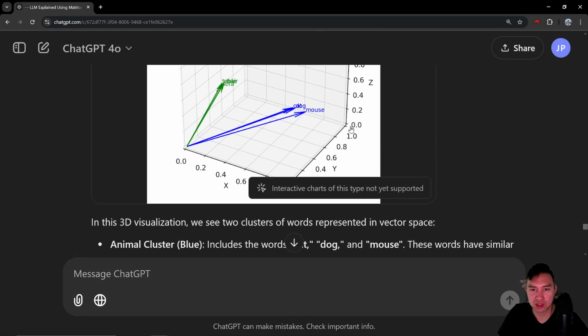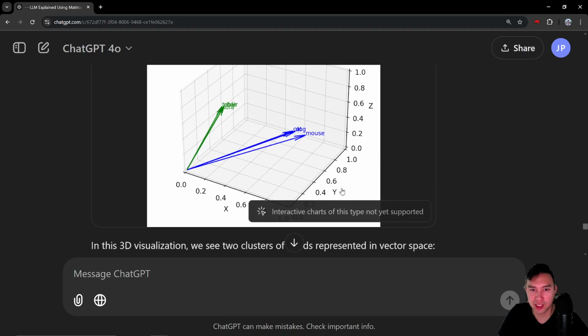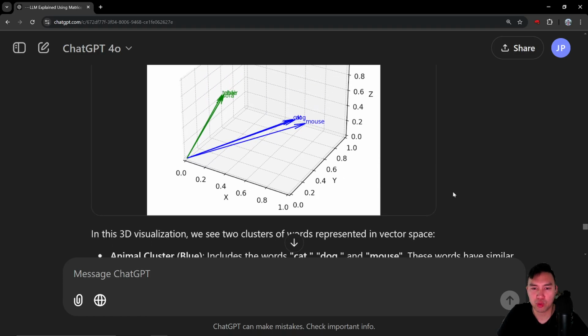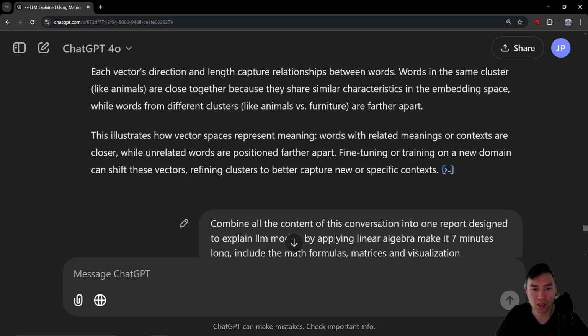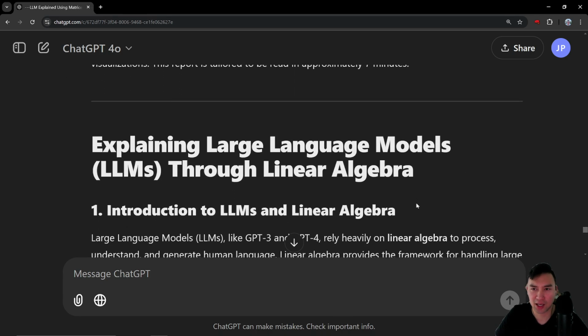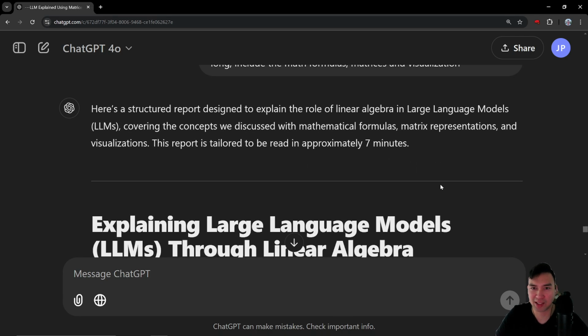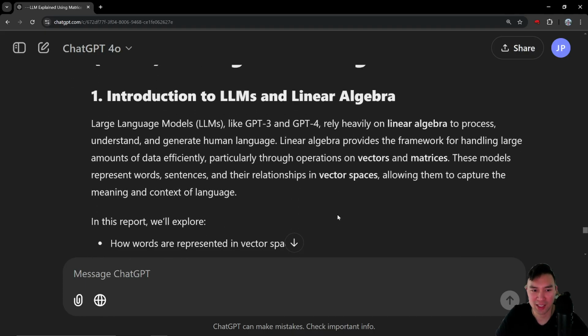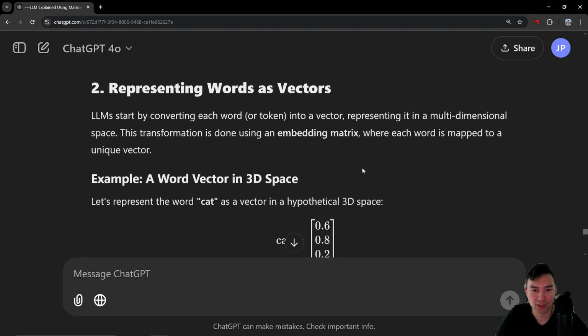But this 3D vector space is actually just an oversimplification. Apparently, there's a way to have more than 3 dimensions. In some cases, there would be like 300 dimensions apparently. But yeah, that's what we're going to be going over.